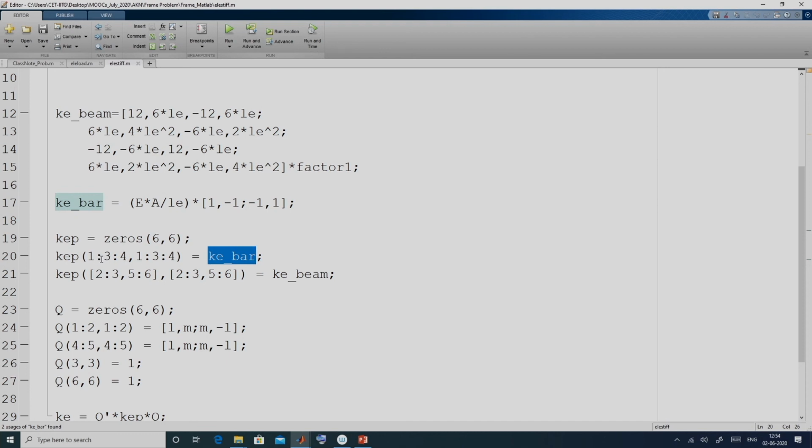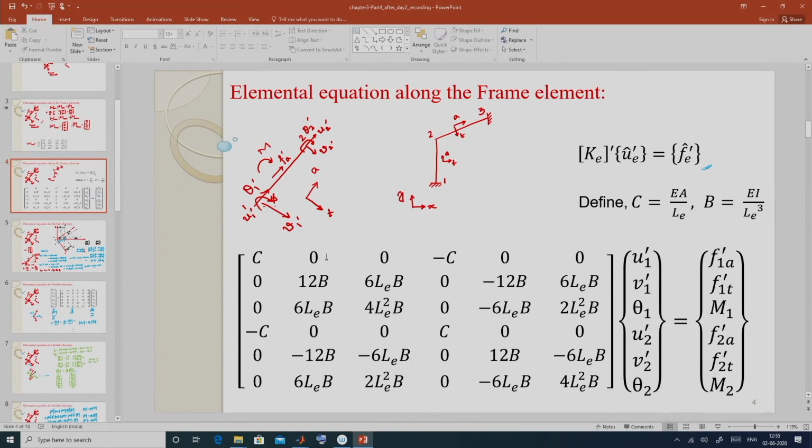This 1 colon 3 colon 4 means 1 to 4 with increment 3, that is 1 and 4, which is essentially entering this C minus C, minus C C in the combined stiffness matrix.